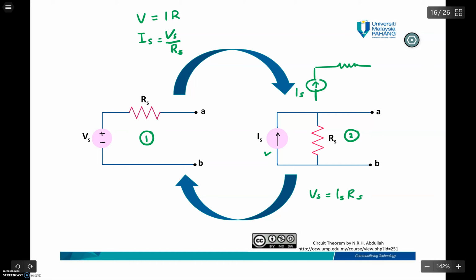By using this circuit, if the current source Is is in series with the Rs, the Is is flowing through the Rs, so there is no different value of Rs for the Is.